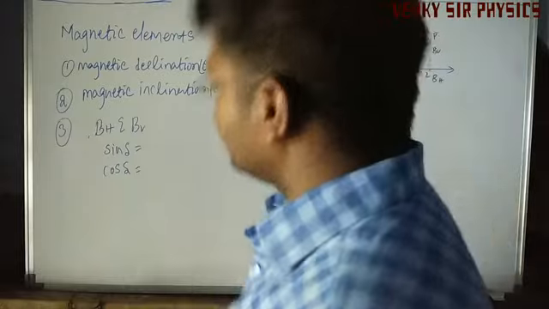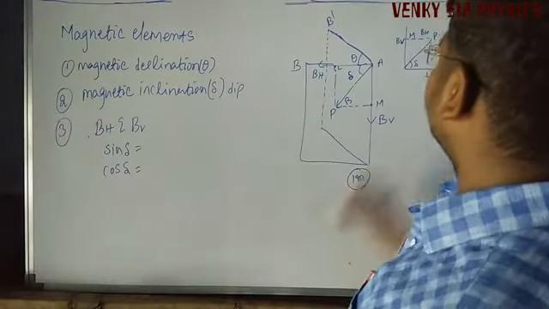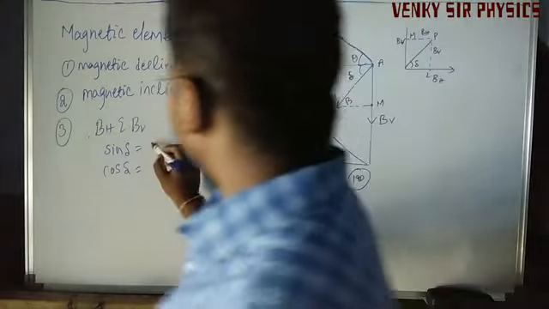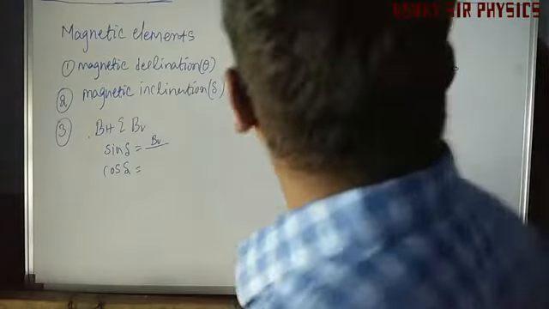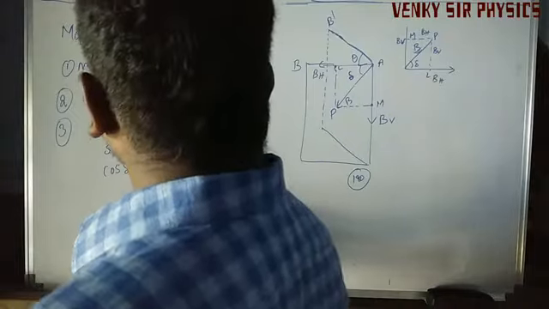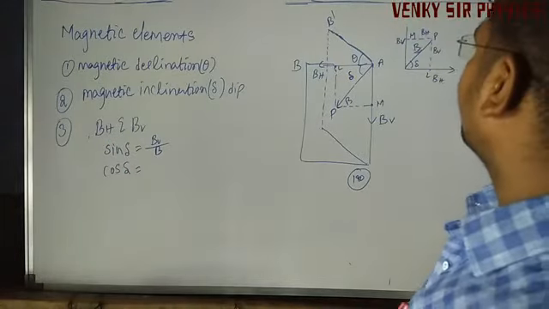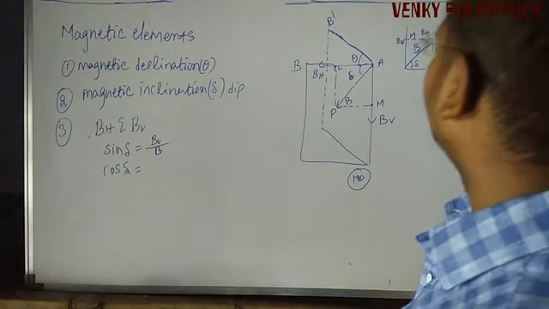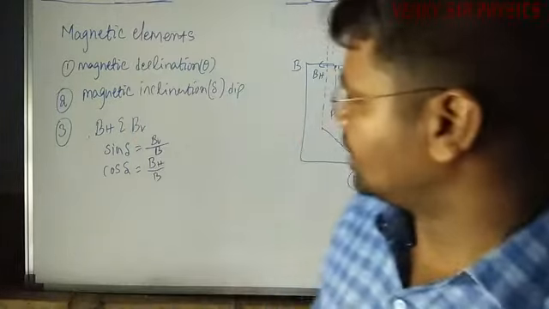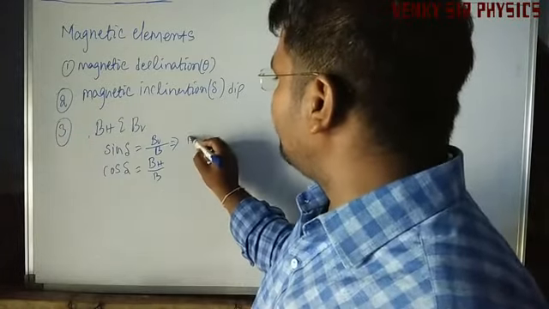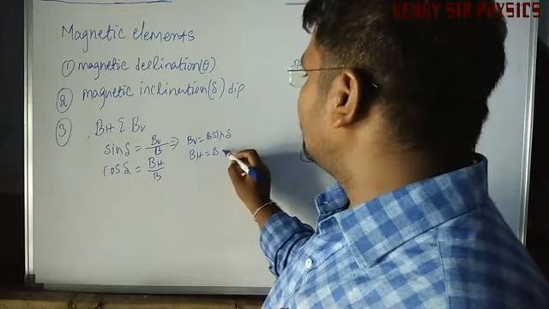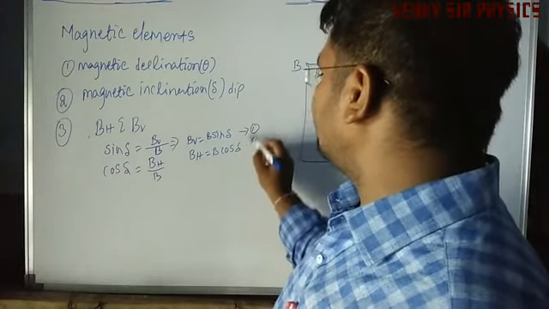Sin delta means opposite side by hypotenuse, opposite BV, BV by hypotenuse B. Cos delta means adjacent side by hypotenuse, BH by B. So rearrange this, we can get BV is equal to B sin delta, BH is equal to B cos delta, equation 1 and equation 2.